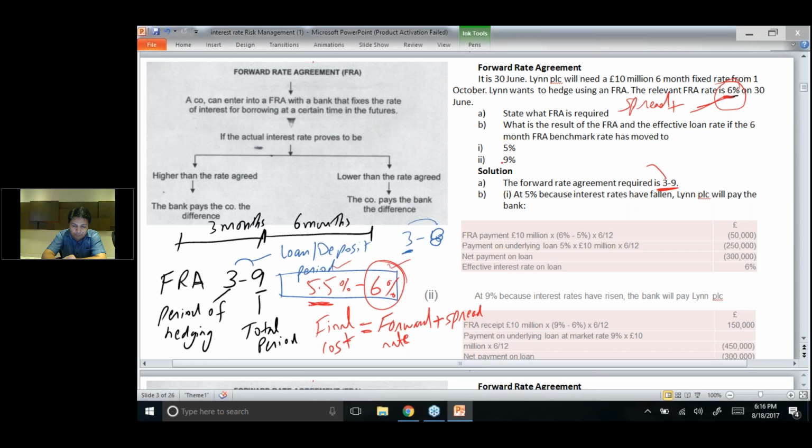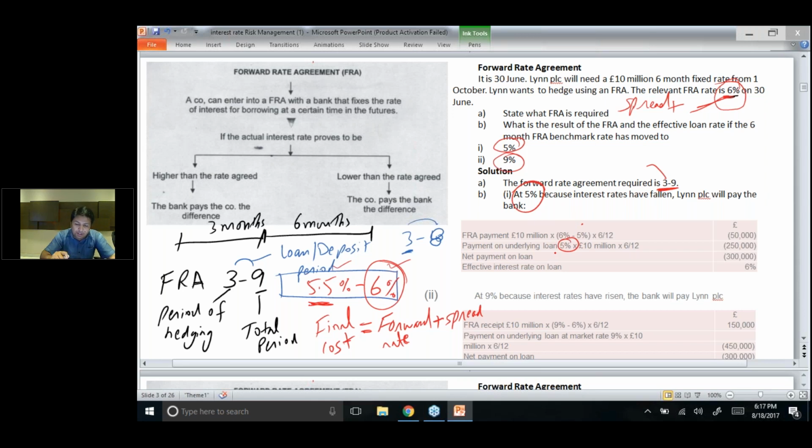So in the first scenario, if interest rate goes down, or the second scenario, if interest rate goes up, whichever happens, you will face only the 6% cost and the spread. So what if interest rate becomes 5%? Okay, you will take a loan at 5%, but definitely you will have to pay the difference of 1% to the bank, because you have already locked the contract at 6%.